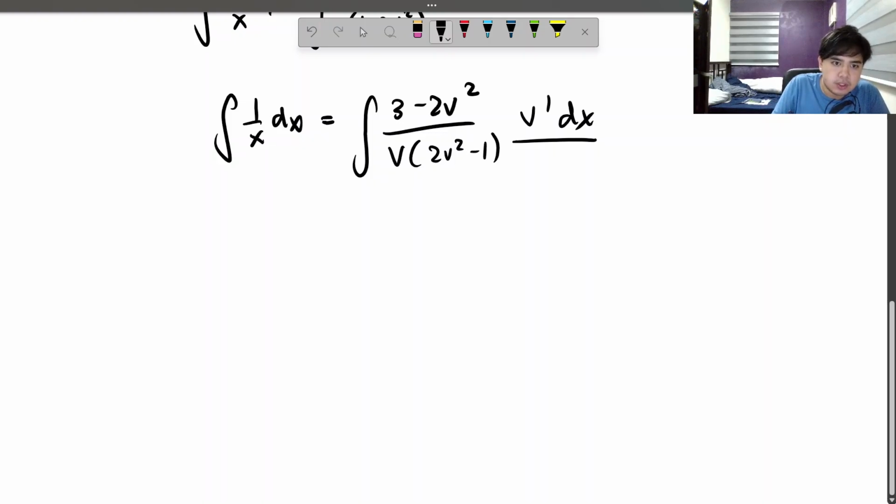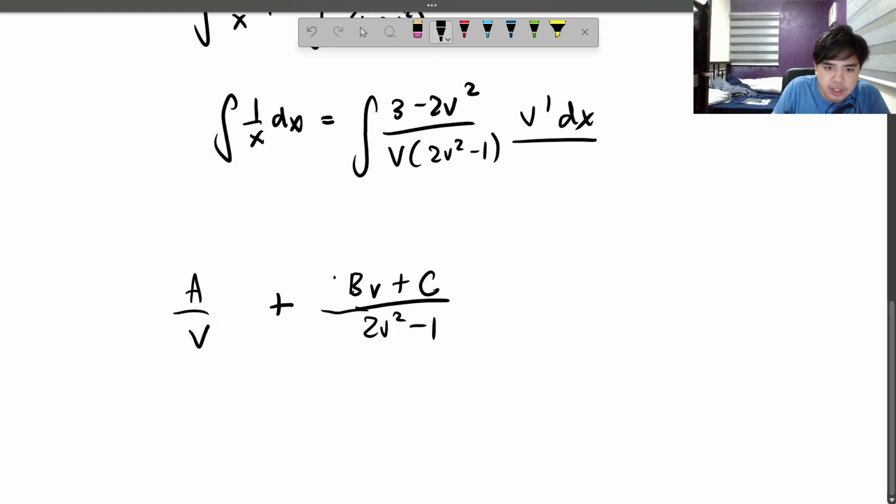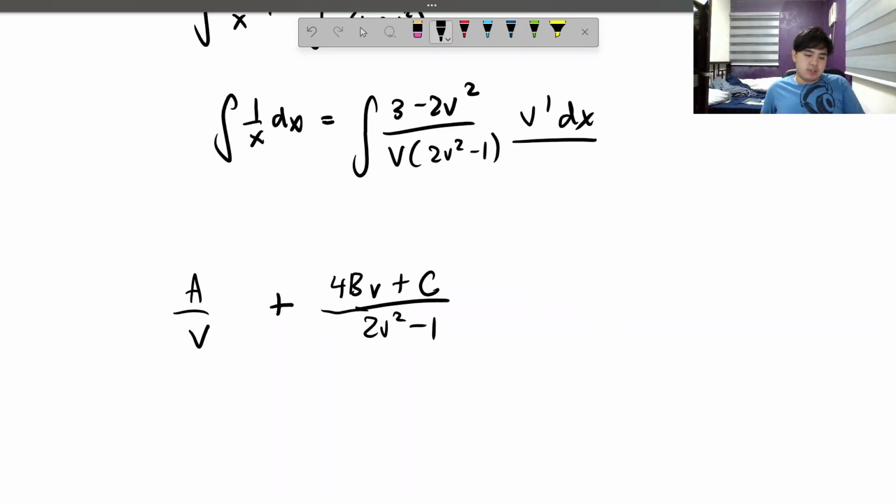So a over v plus bv plus c over 2v squared minus 1. Since this is 2v squared, we can put 4v squared here because 4v is the derivative of 2v squared. The c is just there for completeness.